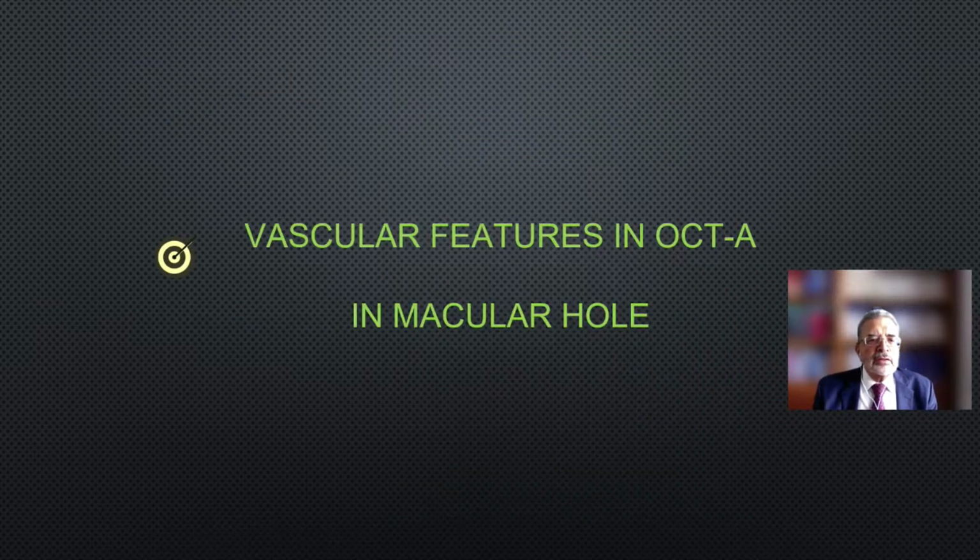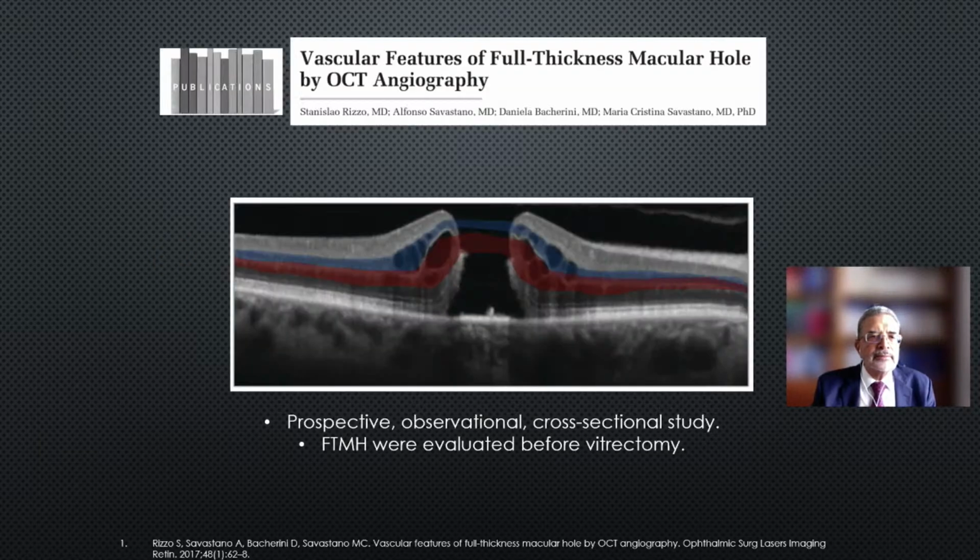And what about the vascular features in OCT in macular hole? Spectral domain optical coherence tomography B-scan of a full-thickness macular hole we are seeing in this image.